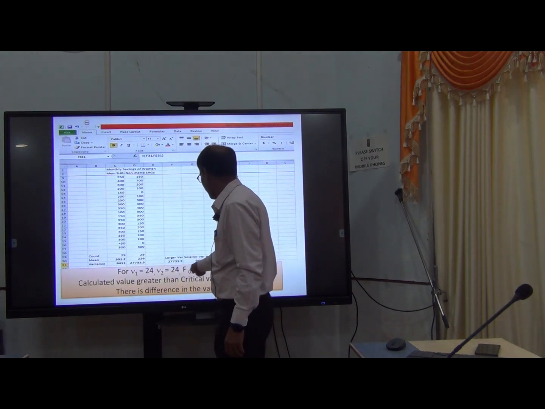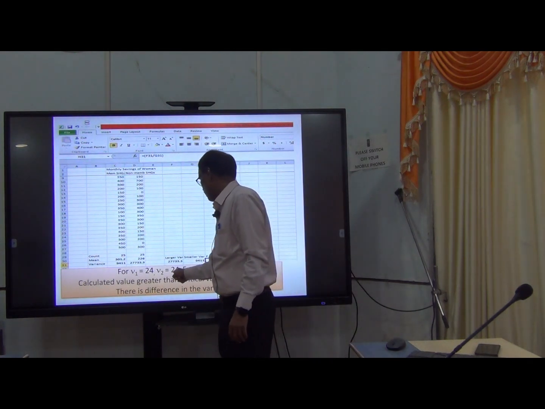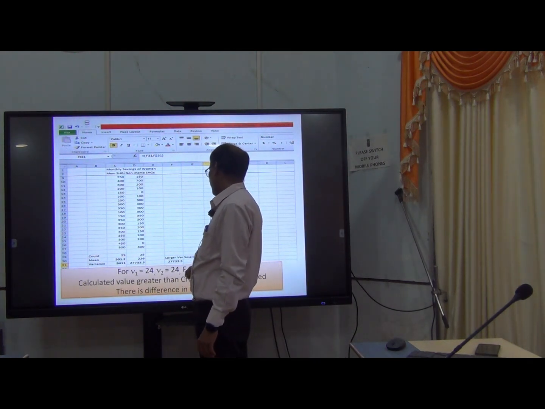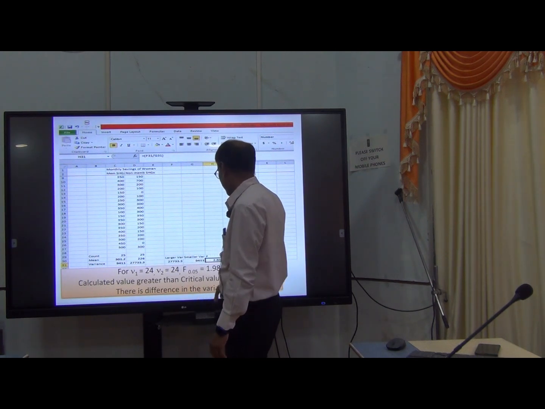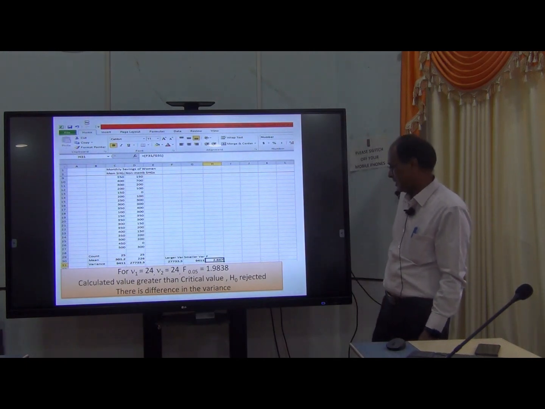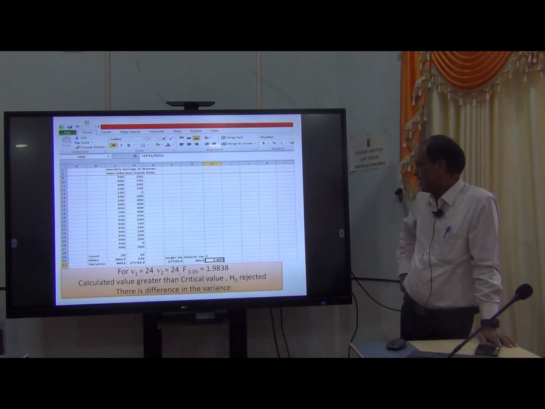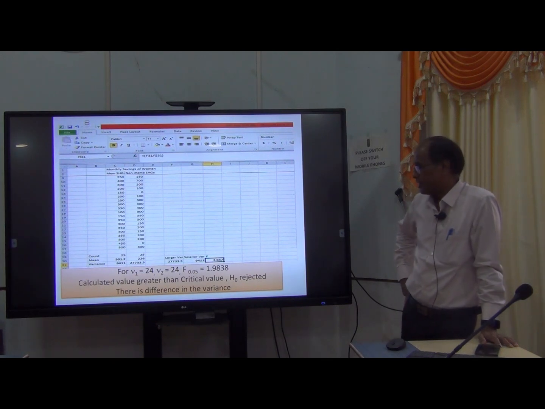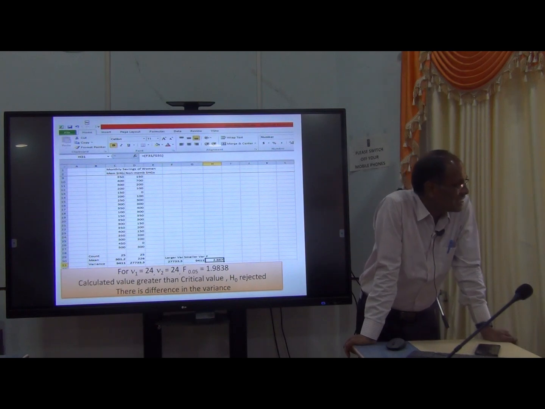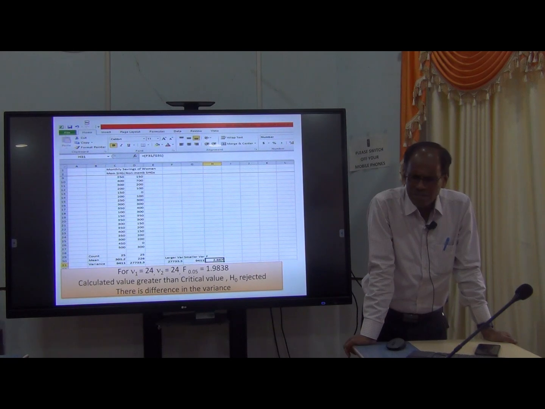Then the variance: F test, F value calculated. For 24 and 24 degrees of freedom at 5% level of significance, the table value is 1.9838. So the calculated value of F is greater than the table value of F. So what is your conclusion? The null hypothesis is rejected. That means there is a difference in the variance. Whether savings will be more or not, the variance will be more.